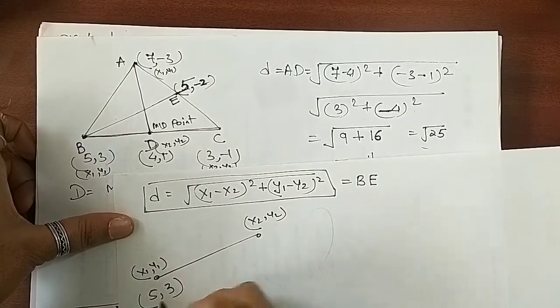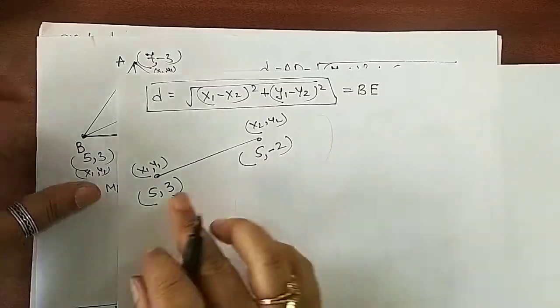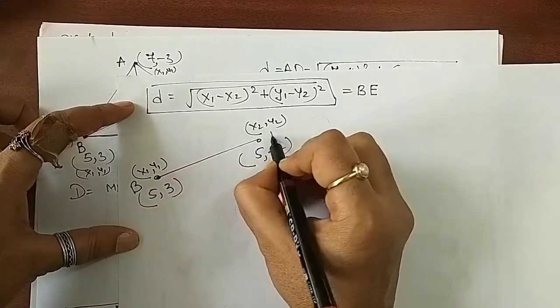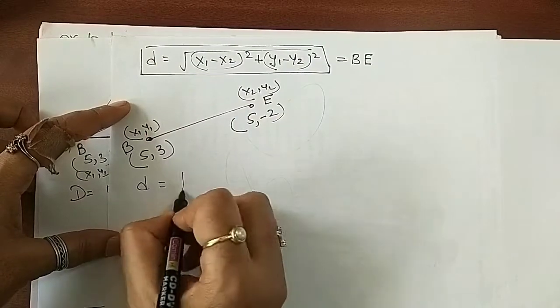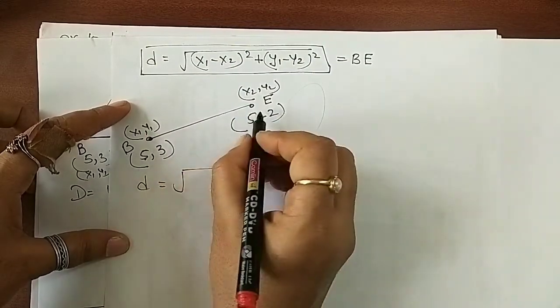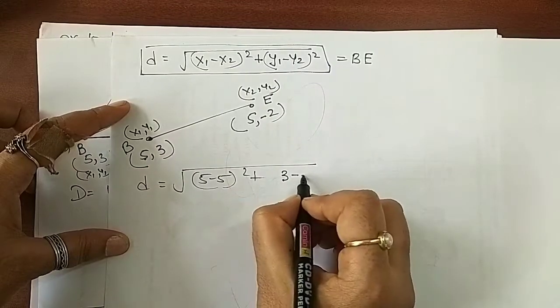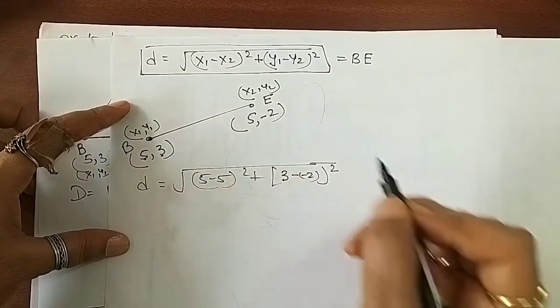This was 5 comma 3, my B point, and this was 5 comma minus 2, point E. So distance will be 5 minus 5 square plus 3 minus of minus 2 square.